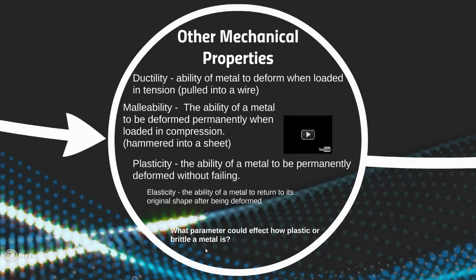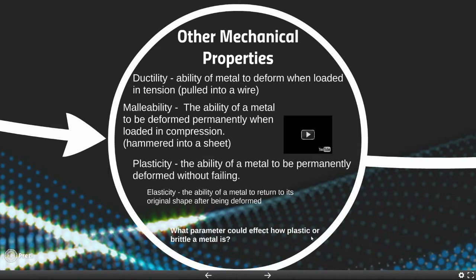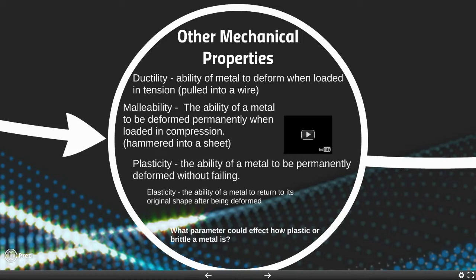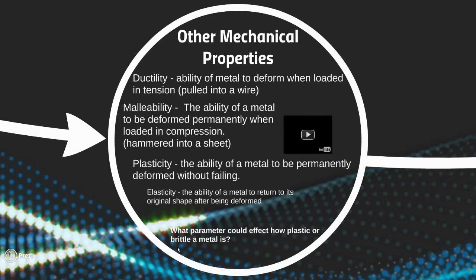Now, going from there, I want to ask you a question. What do you think could affect how plastic or brittle a metal is? And when we talk about plastic or brittle, plasticity, remember, is the ease of it to fail by deforming. Now, brittle means the ease of it to fail by cracking or breaking, okay?